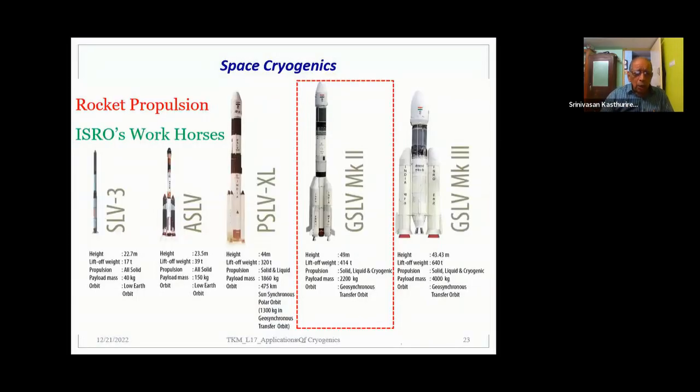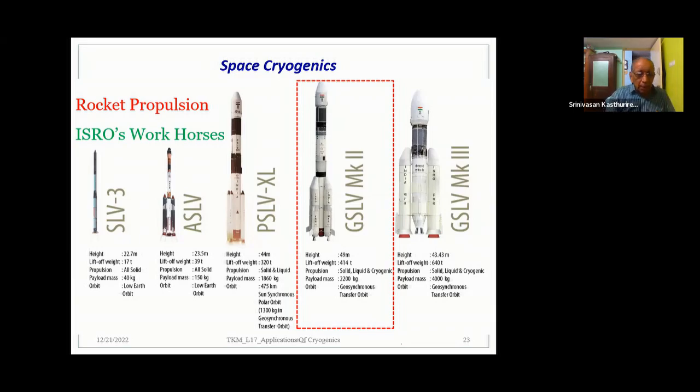Now ISRO has a number of launch vehicles. This is just a bird's eye view of some of the ISRO space launch vehicles. SLV is the Space Launch Vehicle. There are a number of categories, SLV-3 for example.